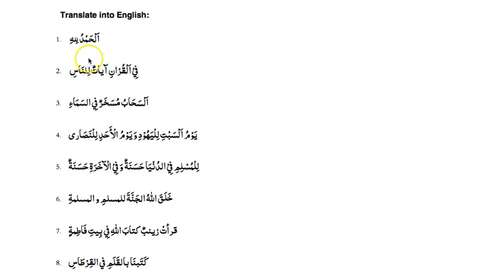Right, so let's look at this part then, translation into English. So, alhamdulillah. Alhamdu means the praise. And lillahi, for Allah. So, the praise for Allah. And we just add an is here. The praise is for Allah. Okay, fil Qur'ani. Fi means in the Quran.